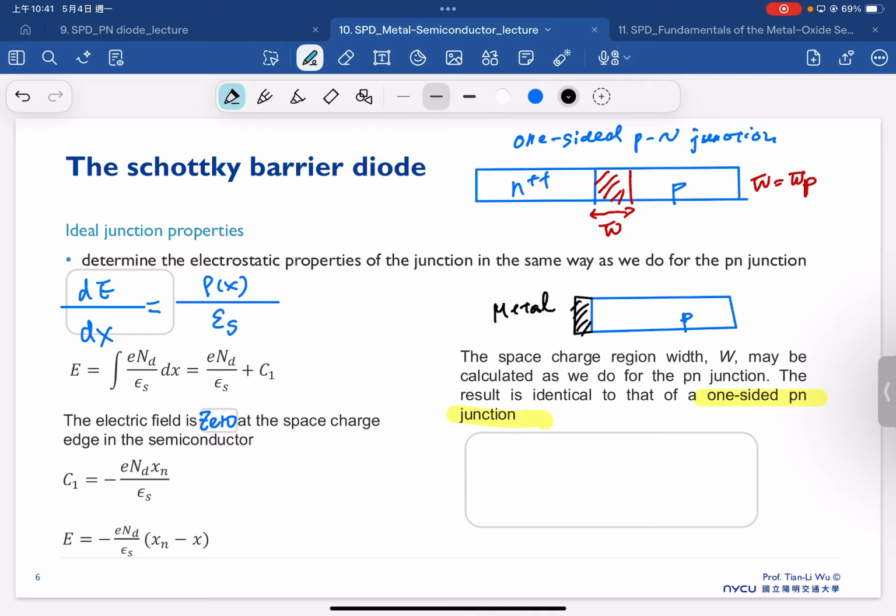Also, there's no chance to have a depletion width in the metal. Therefore your depletion width will mainly exist in the P region.